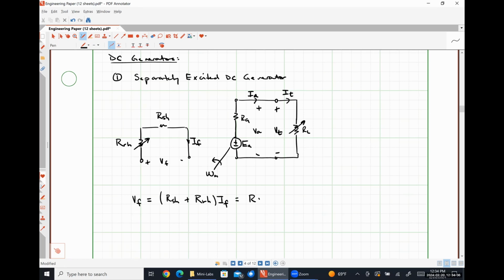And we can lump those resistors together to just have a total field resistance of RF multiplied by our current of IF. So nothing more than application of Ohm's law there to get that going.